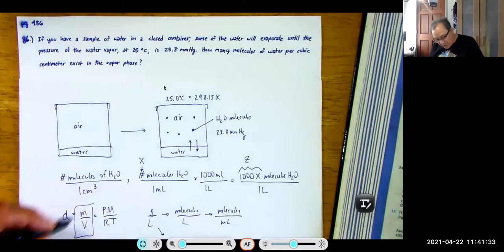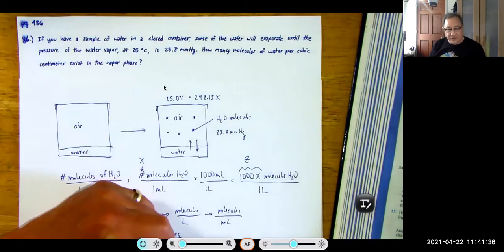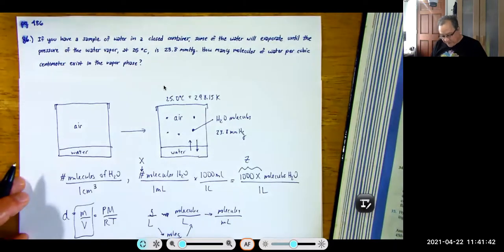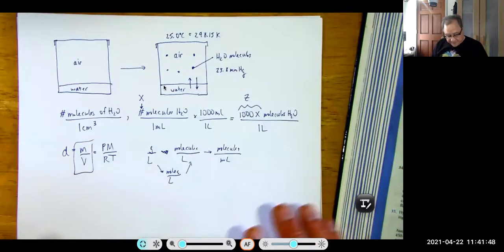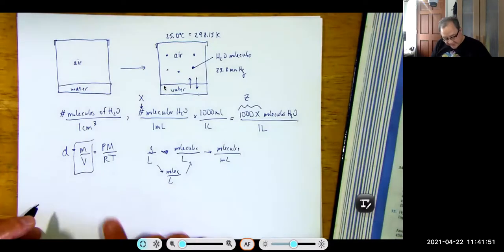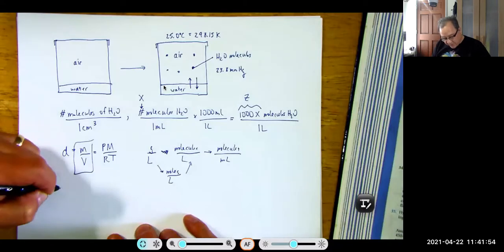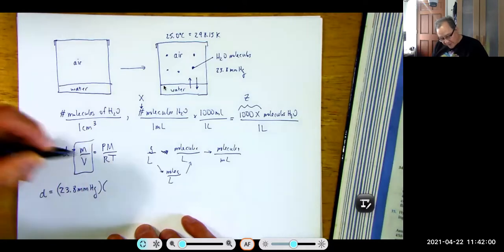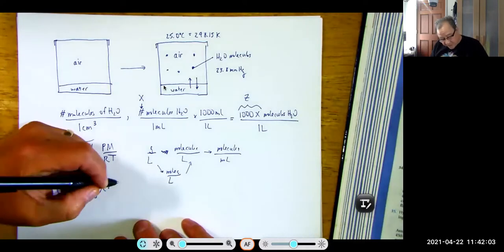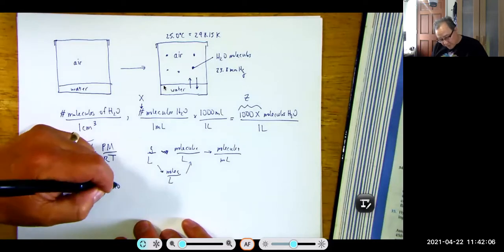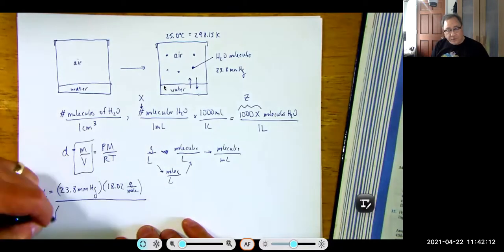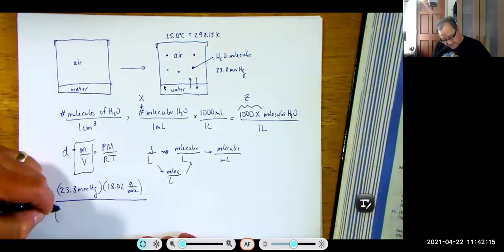From grams per liter, we go to moles per liter. Then we go to molecules per liter. And then we go to molecules per milliliter. So I think we've got a good idea of how we want to approach this. So let's calculate the density. The pressure is 23.8 millimeters of mercury. The molar mass of H2O is 16 plus 2.01, which is 18.02 grams per mole. I think for the R, we want to use the one with millimeters of mercury, right? Yeah.